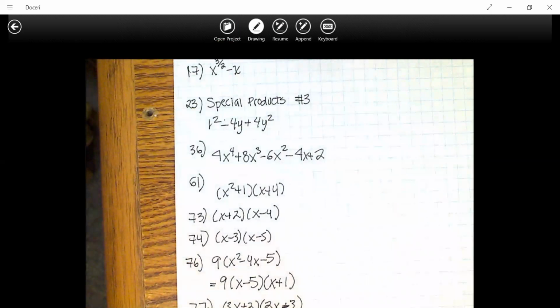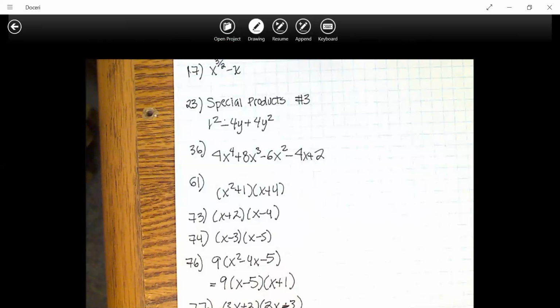Oh, can you do one top? This one. Yeah, it's just reversed.